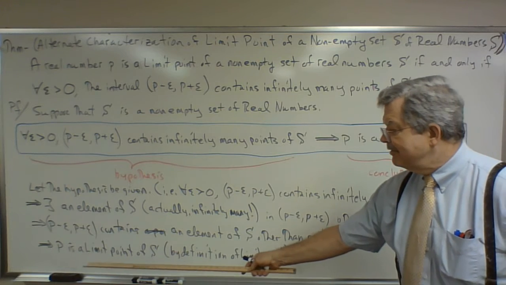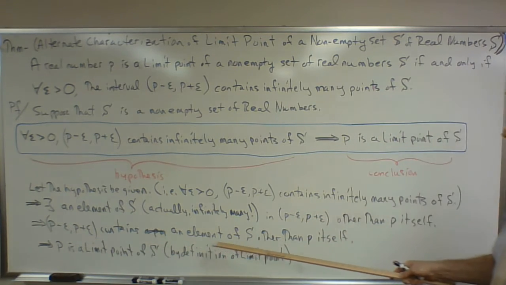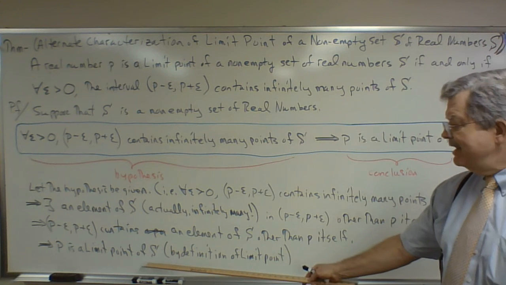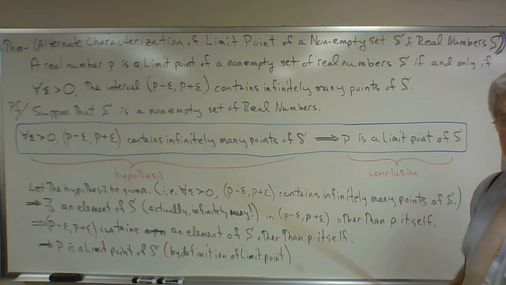And this means that the interval (P minus epsilon, P plus epsilon) contains an element of S other than P itself. And that by definition of limit point means that P is a limit point of S.